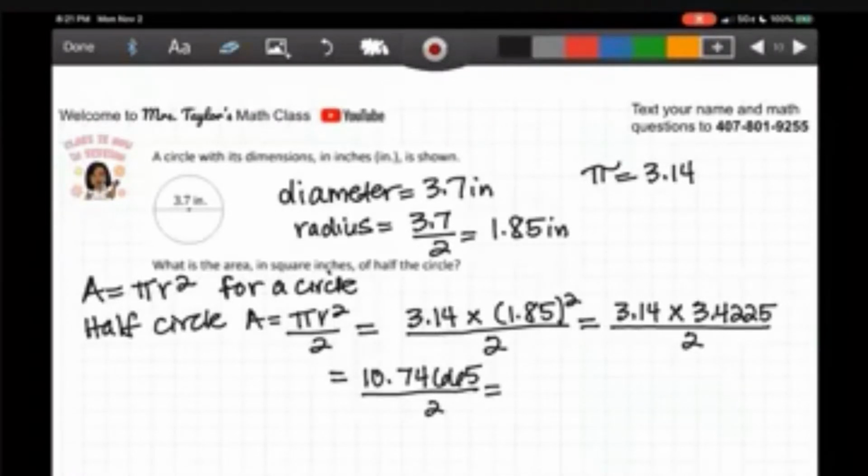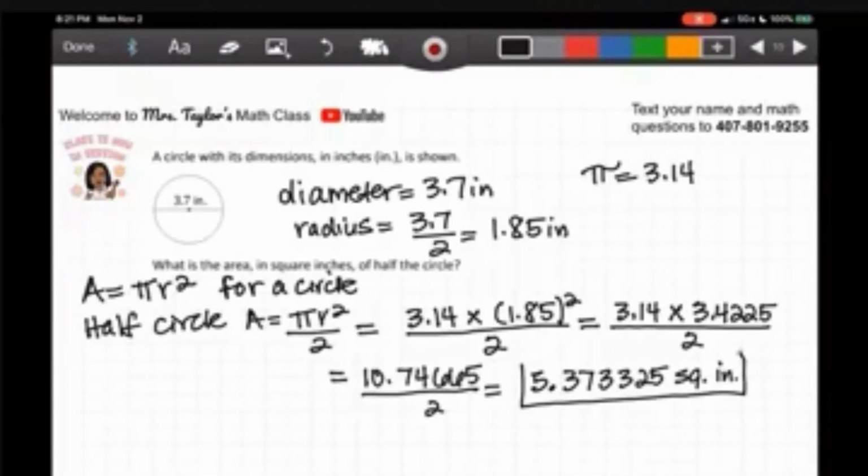So it doesn't say what to round the number to. It doesn't say leave your answer in terms of pi, but this would actually be the answer. I don't know if they would have this as a fill in the blank, or they had to grid this answer in, but this would actually be the answer.